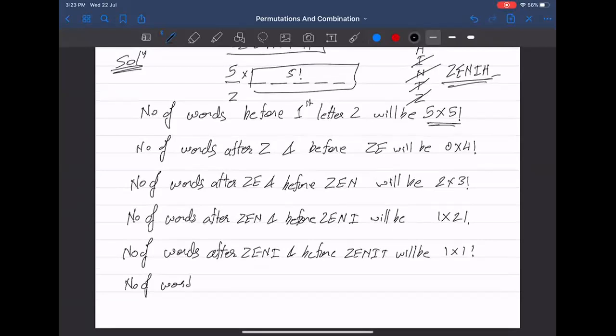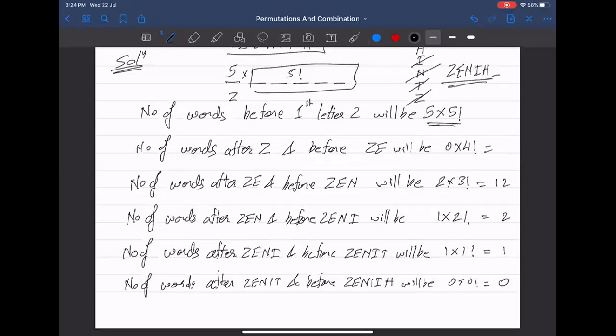Number of words after ZENI before ZENITH will be, ये लिखने का जरूरत नहीं है, 0 times because that's the last word, into 0 factorial, which is 0. 1, 2, 6, 6 2s are 12, 0. This is how much? 120 into 5, 600.